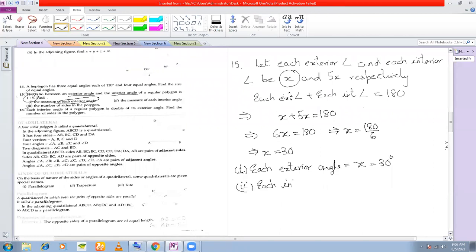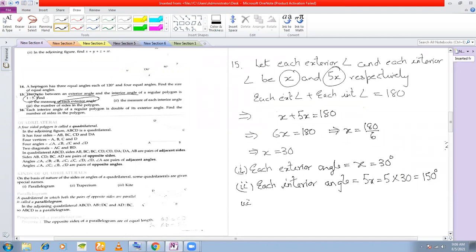Each interior angle is equal to, we have taken each interior angle to be 5x, which is 5 into 30, which is equal to 150 degrees. So each interior angle is 150 degrees.